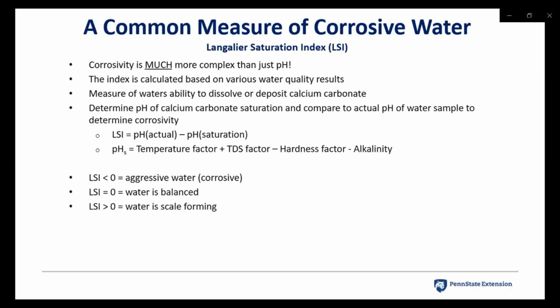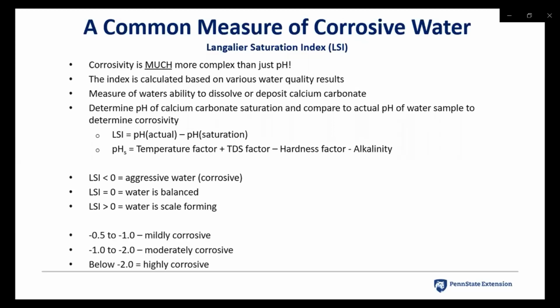So we calculate a pH of saturation, taking into account the total dissolved solids, the hardness, and the alkalinity, and we come up with an LSI number where less than 0 is aggressive or corrosive water, 0 is balanced water, and anything greater than 0 would be scale-forming water, the opposite of corrosive water.